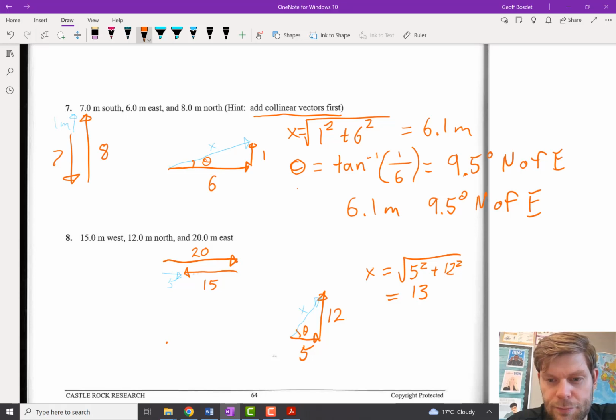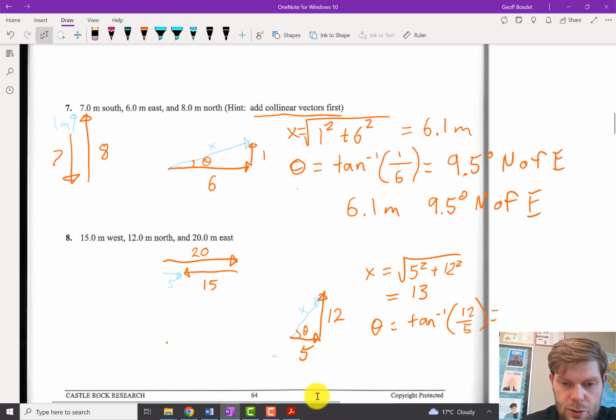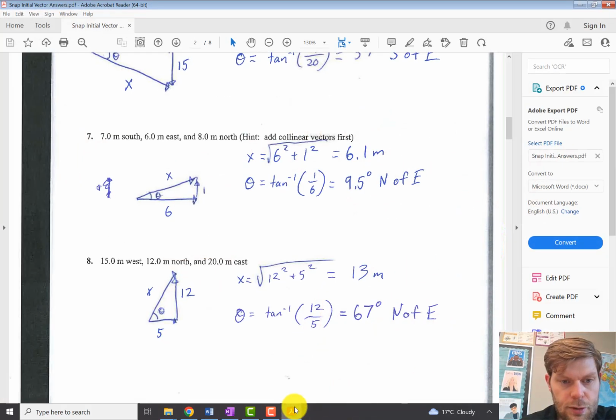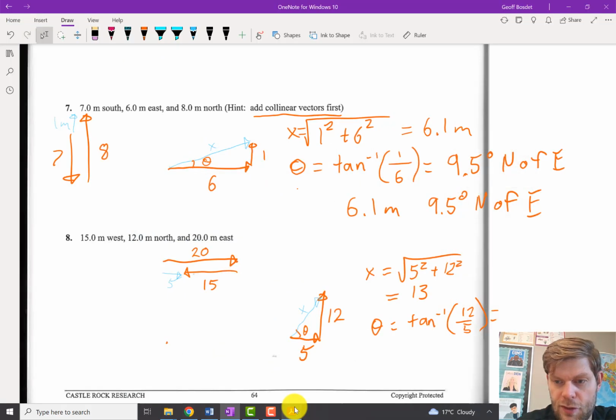And then our theta is the inverse tan of 12 over 5, which I do not know offhand, so I will look that up. And that is 67 degrees. And this is north of the east line.